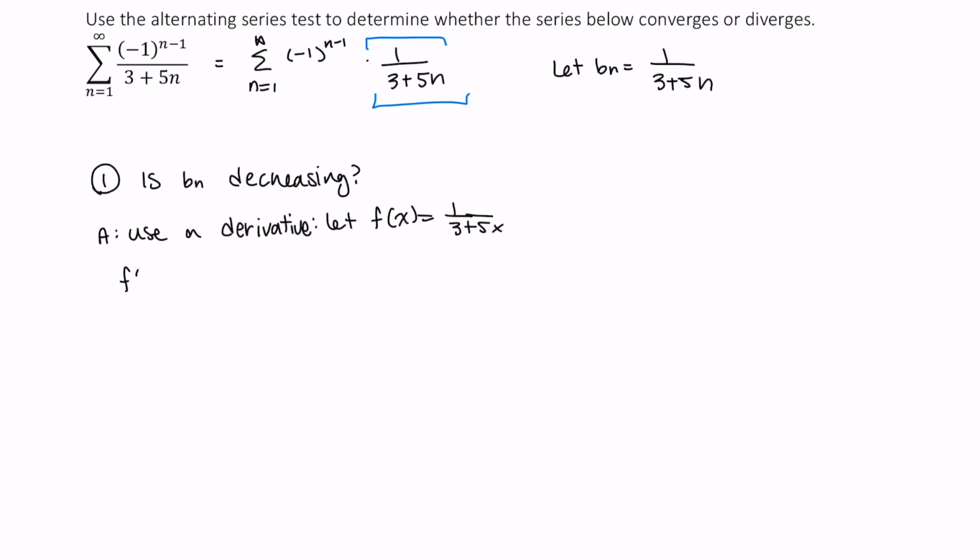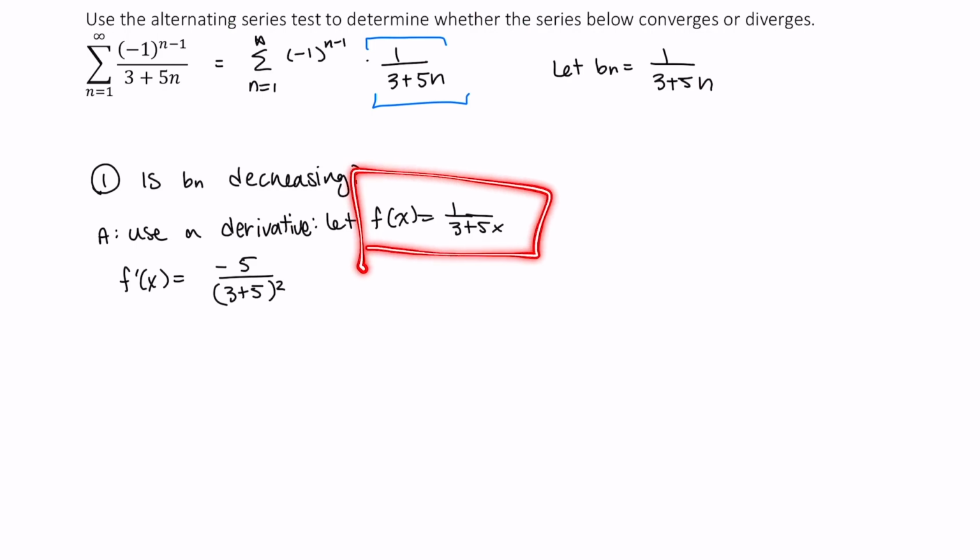So f prime of x is equal to negative 5 over 3 plus 5x quantity squared. If you don't see this, then please pause your video and evaluate this derivative.